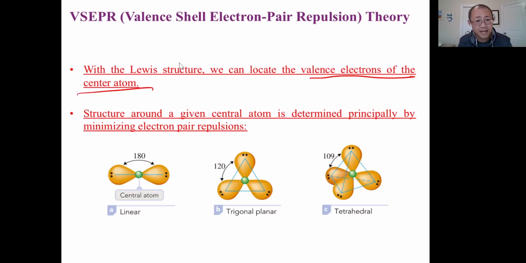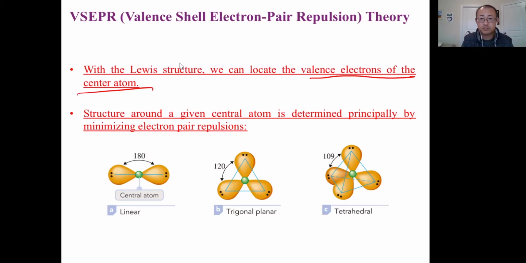And why do we care about electrons? Because the electrons are in groups, and the electron groups will repel each other. The electrons are negatively charged, so there's repulsion between the negatively charged electron groups.